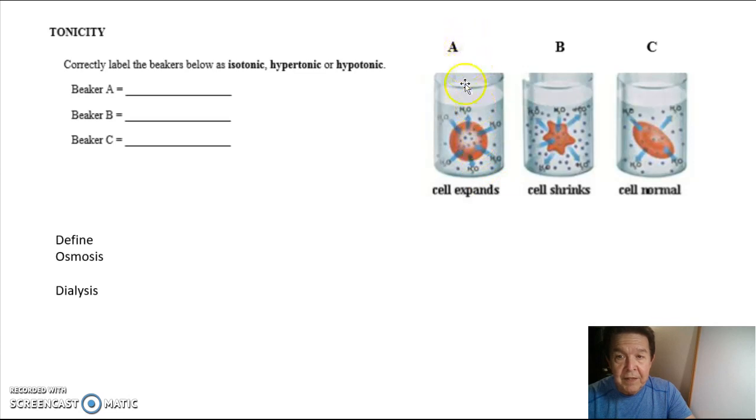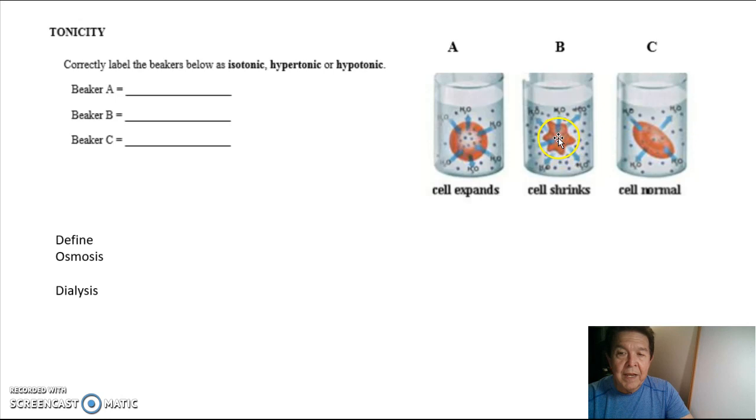In A, we see that the cell expands because water goes in. You know that the liquid, in this case water, goes from low concentration to high concentration. Then in this case the solution where the red cell is is hypotonic.